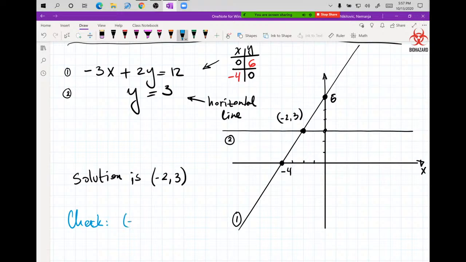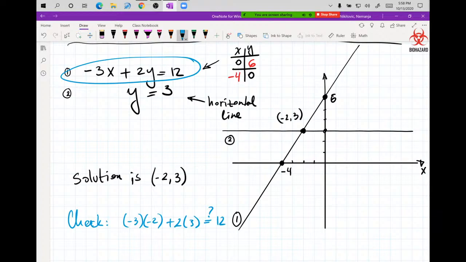So what do we have? We have negative 3 times negative 2 plus 2 times 3 needs to be 12. So we are using the equation. We plug in our x and y, and we just want to make sure that it's a true statement when we compute. Well, negative times negative is a positive, and 6 plus 6 is 12. So that's good.